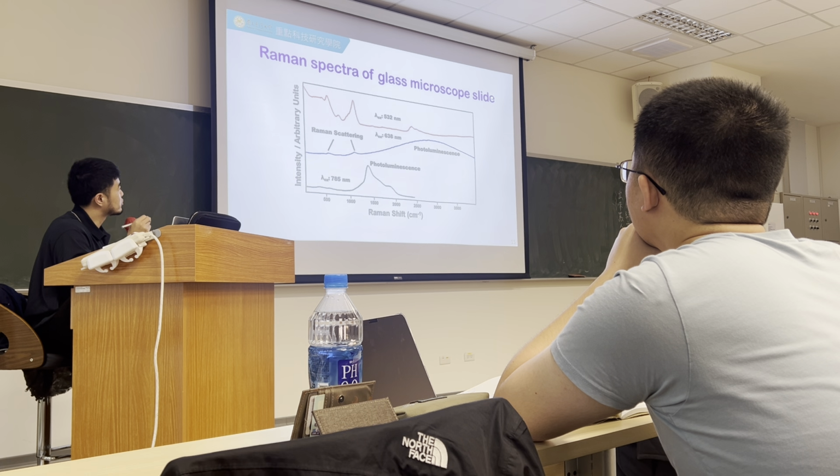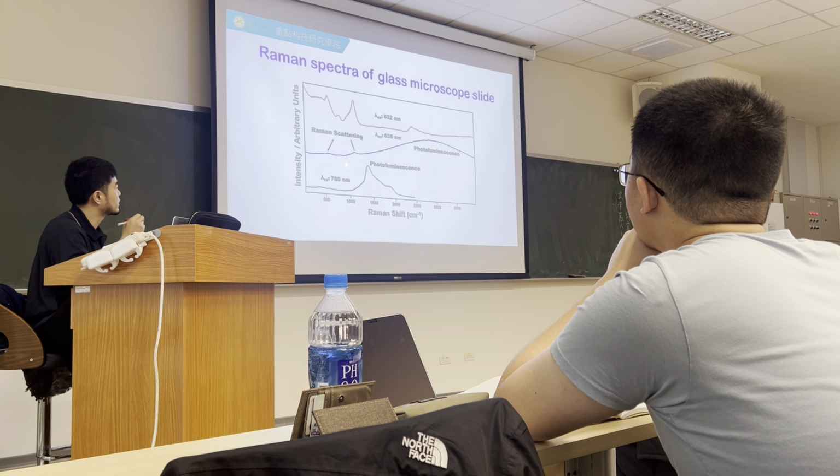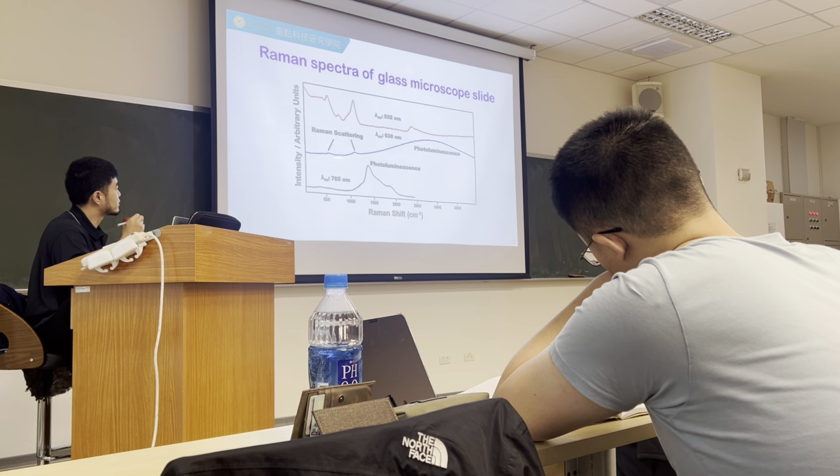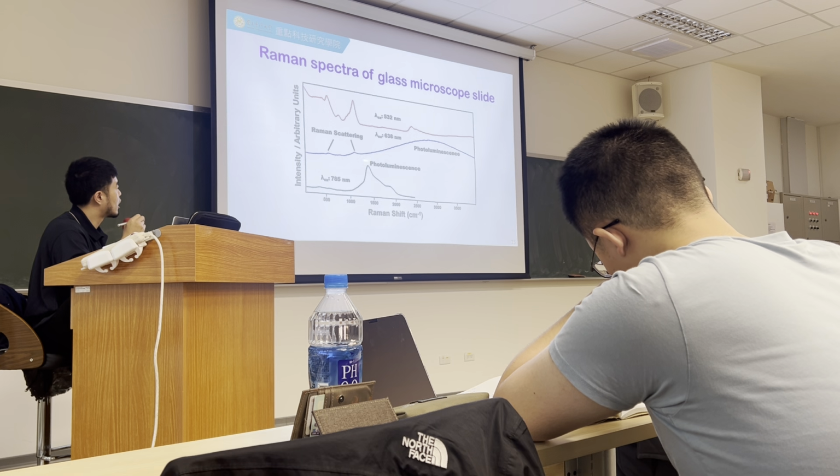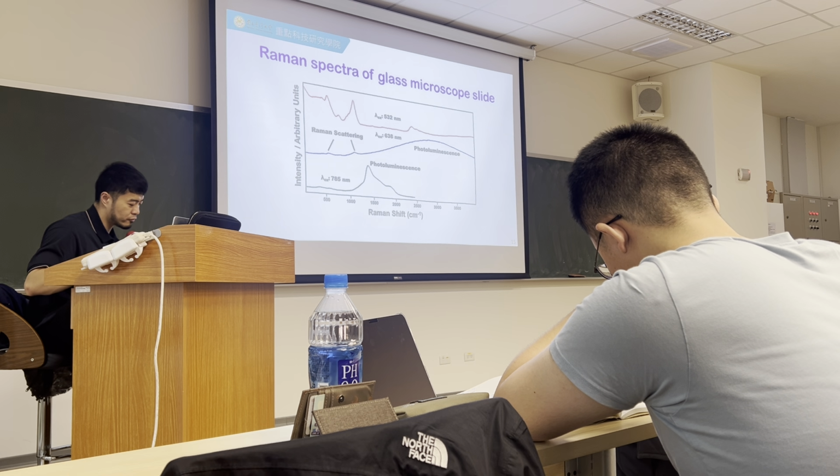But whenever you use others like 600 and 701, those fluorescence will appear in your spectrum, and especially if you look at the 601 compared to 501, your Raman scattering nearly disappears because the fluorescence covers all the data from your Raman scattering.